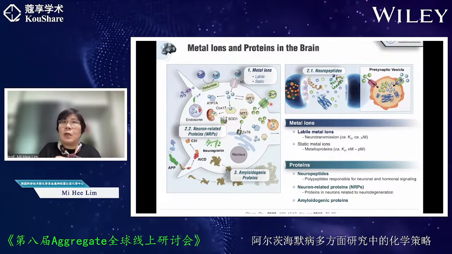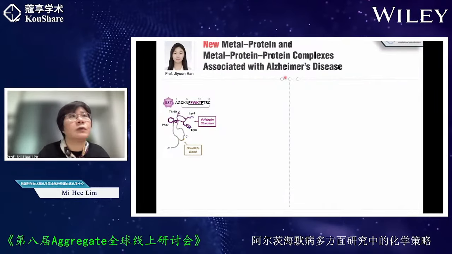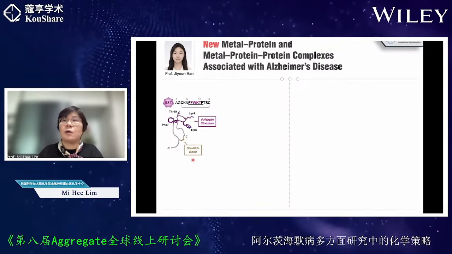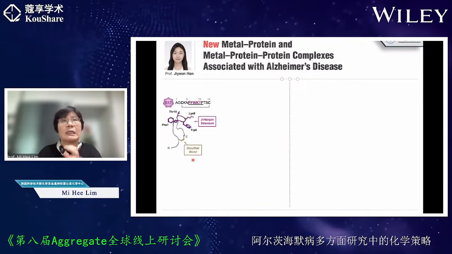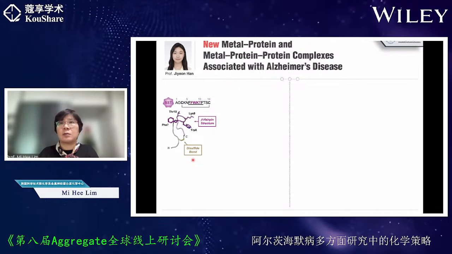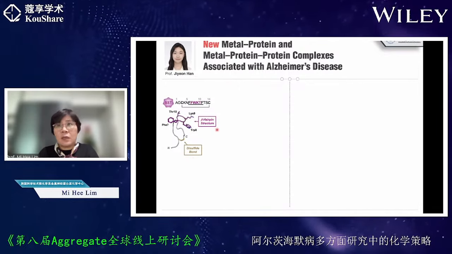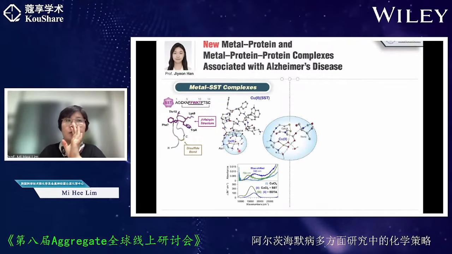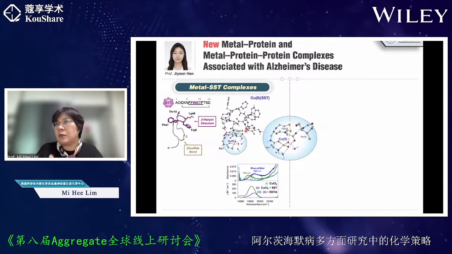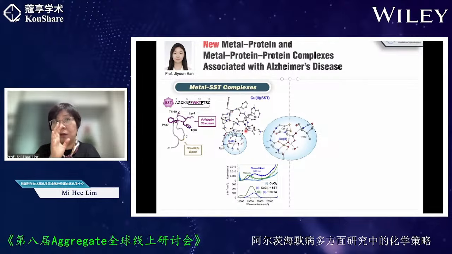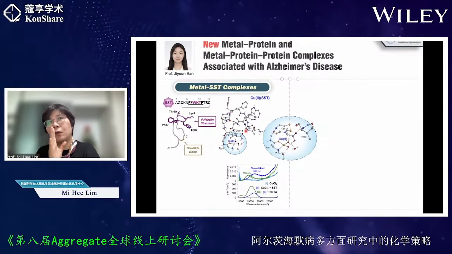As a proof of concept, our laboratory recently found that a neuropeptide called somatostatin can interact with the pathological factor associated with Alzheimer's disease. This SST can bind metal, particularly copper, through the N-terminus and the C-terminus. And the binding is not the only case.